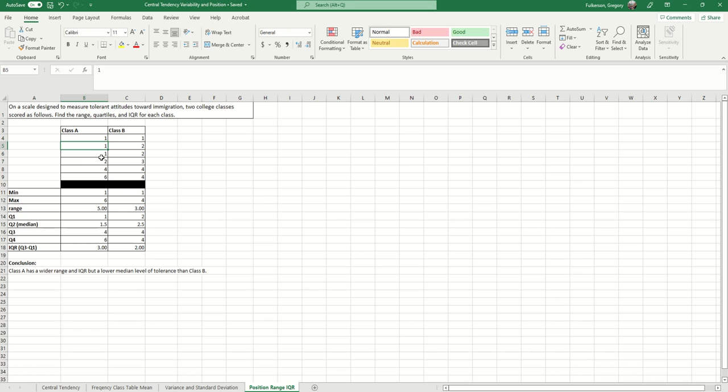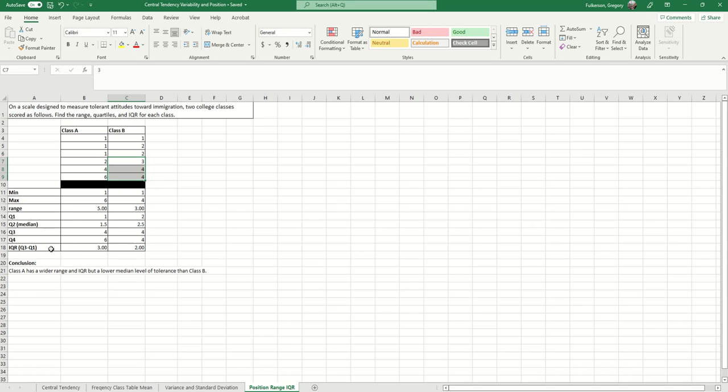So we have 1 as the middle score, right? For class A, and then for class B, the middle of the first 3 there is 2. And then for quartile 3, we're looking at the middle of the upper half of the distribution. So Q3 is a 4 for class A, and then for class B, it's 4 also.